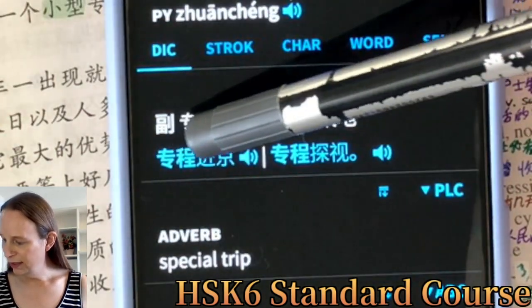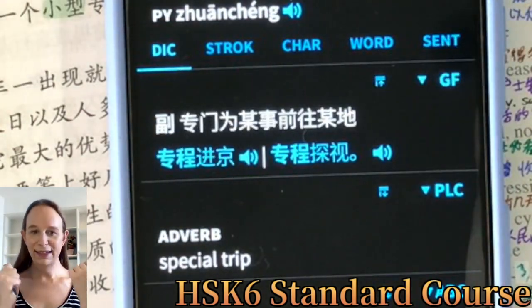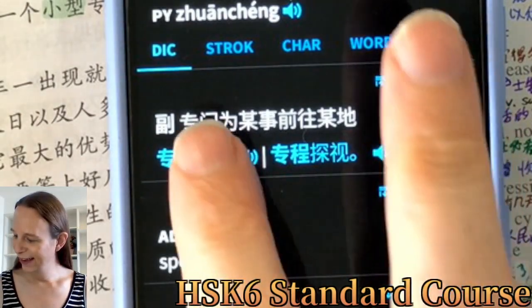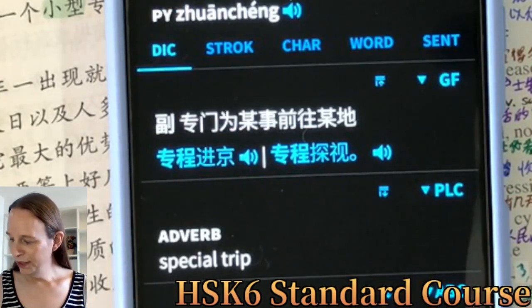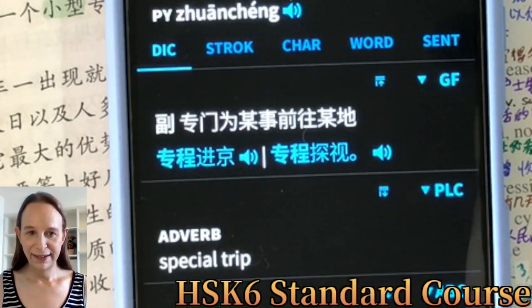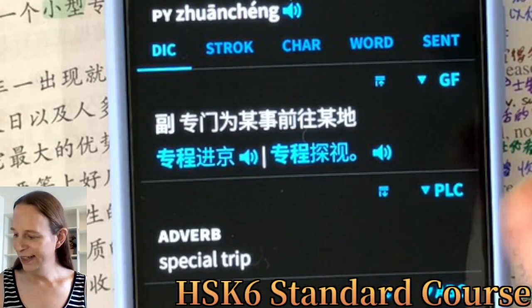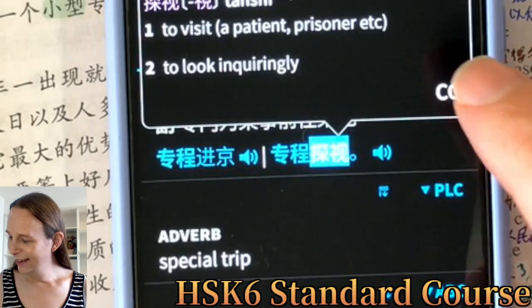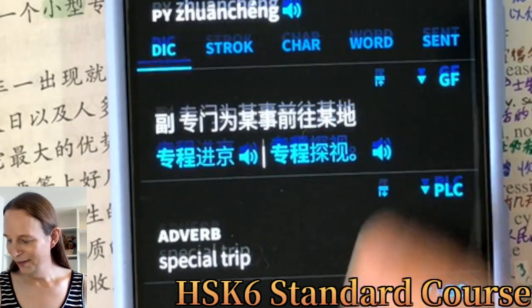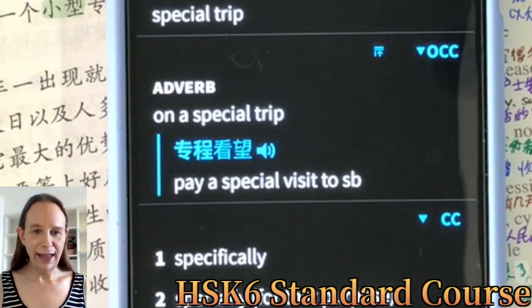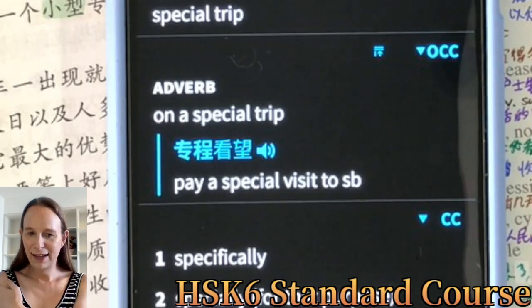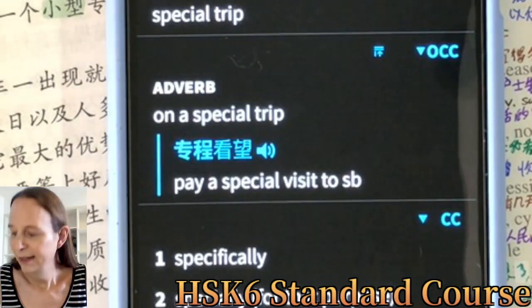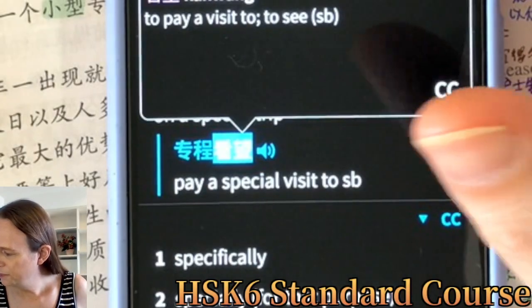Okay, so 专程进京. 进京, I guess that means go to Beijing, go to the capital, I guess. 专程探视. So the 探视 will be like investigate visually. I don't know. 专程看望. So 看望 is usually visit someone in hospital. So you're making a special trip to see someone in hospital, right?